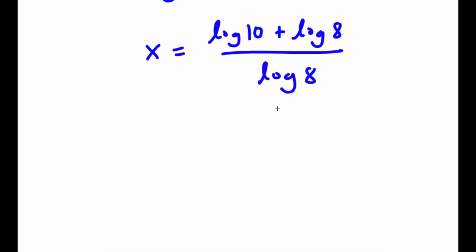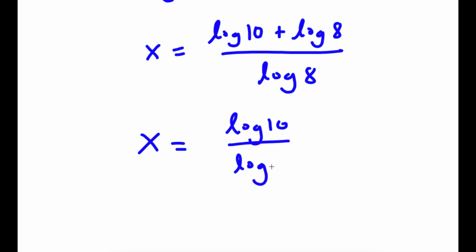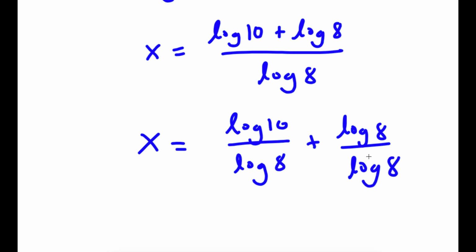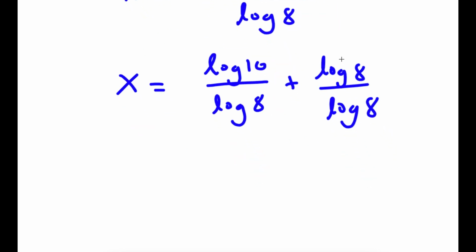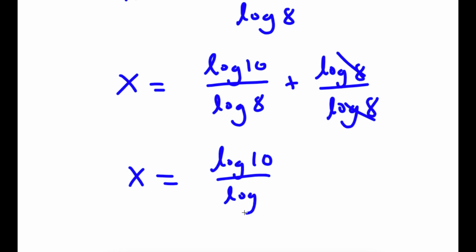So now to solve this, I'm going to rewrite this as log 10 over log 8 plus log 8 over log 8. Now, anything divided by itself is 1, so log 8, those two cancel out. So now I have log 10 over log 8 plus 1.